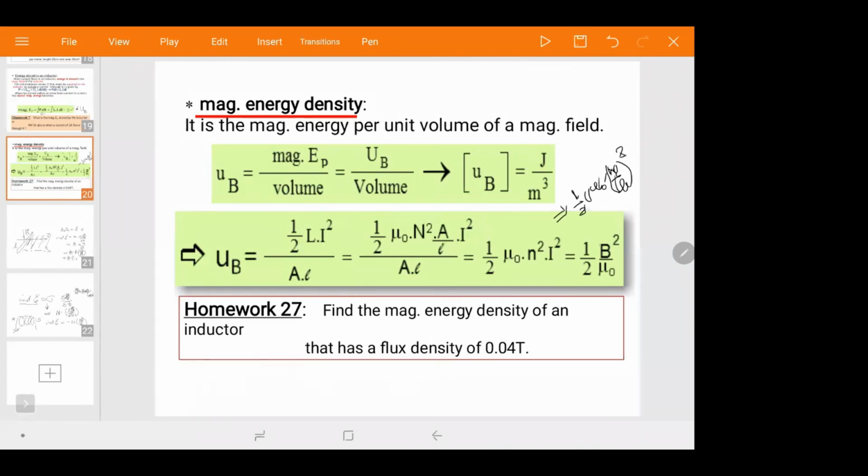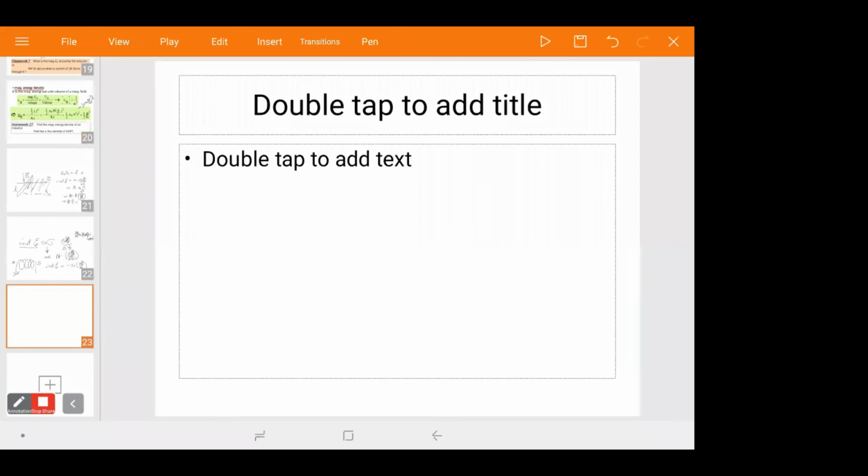But there is only one single L. So to compensate that, you get times L. A half mu0 n over L, the whole squared, times L times A times I squared.